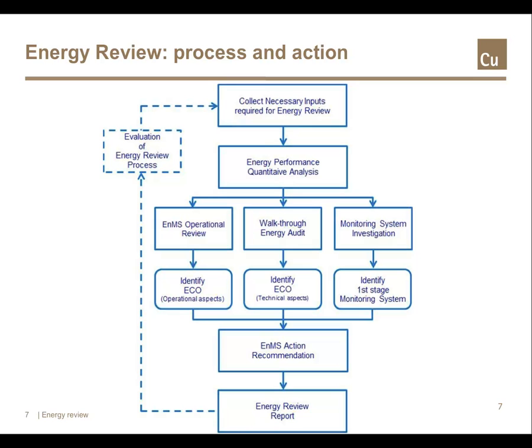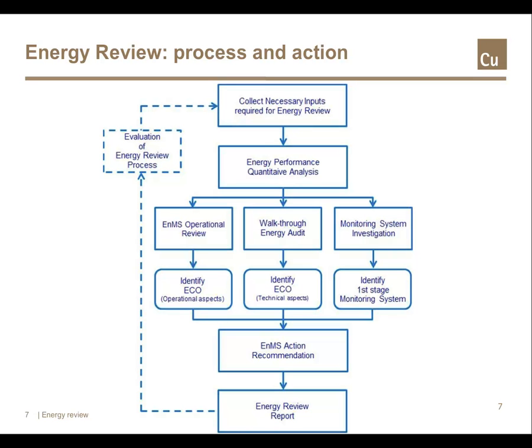This flow diagram takes you through the energy review process and actions. After collecting data and conducting an analysis to understand current energy use, there are 3 major actions that follow. An operational review of the energy management system to identify operational aspects and the energy conservation opportunities.